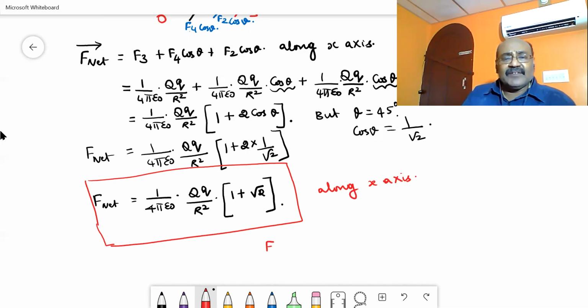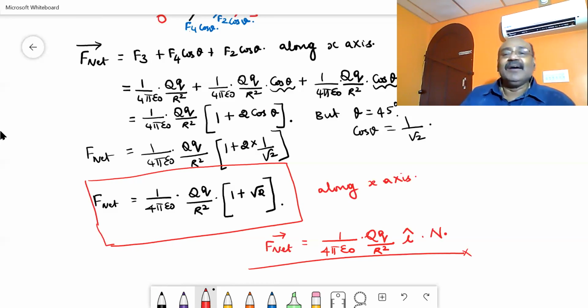F net vector is equal to 1 divided by 4 pi epsilon 0 into capital Q into small q divided by r square into 1 plus root 2, and since it is acting along the x-axis, I am multiplying it with i cap. And the answer is in terms of Newton. This is the answer for question number 3.